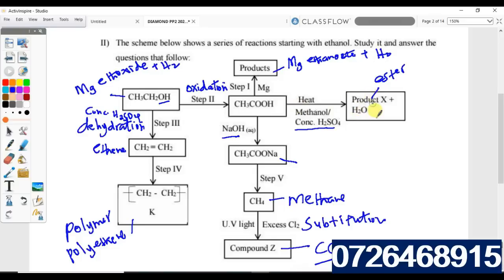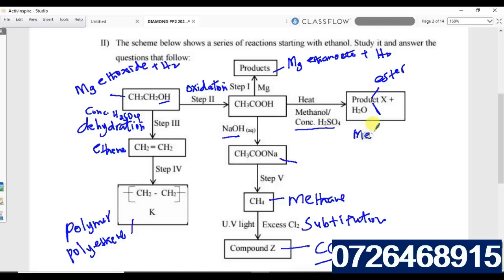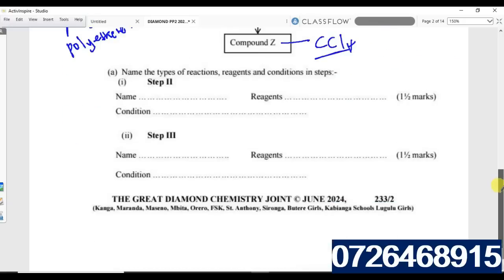X is methyl ethanoate, which we will write as CH3COOCH3. This is an ester called methyl ethanoate. Analyzing it that way, now you can go to the questions.